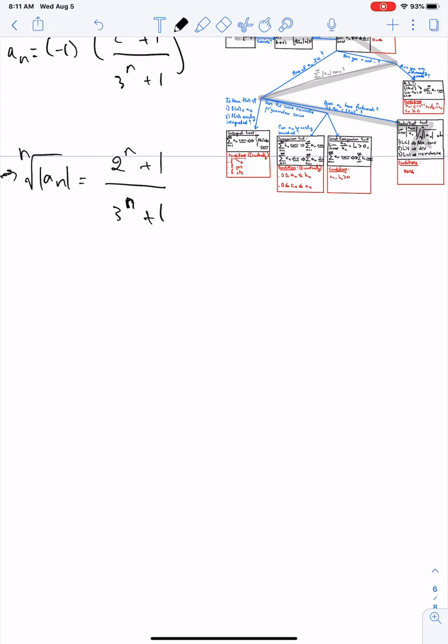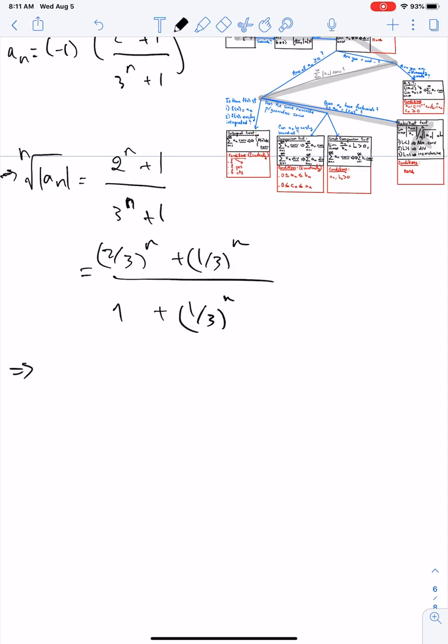Okay, so I guess we could divide top and bottom by 3 to the n, right? Divided by the biggest term. So (2/3) to the n plus (1/3) to the n over 3 to the n divided by 3 to the n, which is just going to be 1, plus (1/3) to the n as well. Well, now the limit as n approaches infinity of the nth root of the absolute value of a sub n is going to be equal to, well, every single term is less than 1, right?